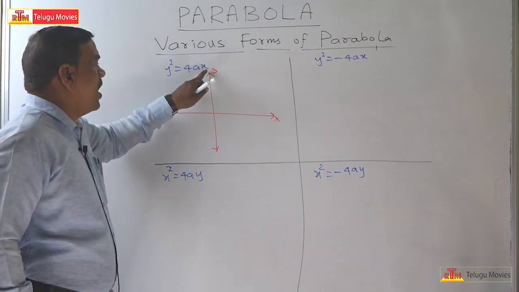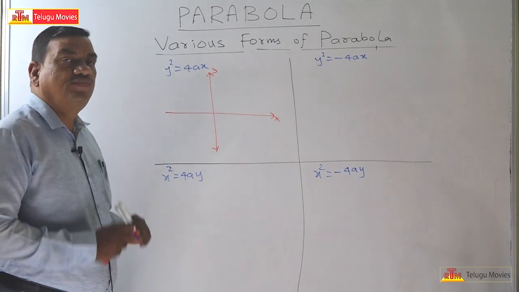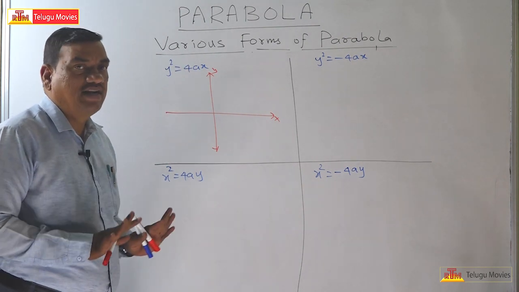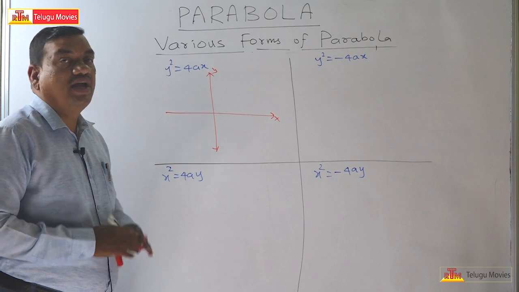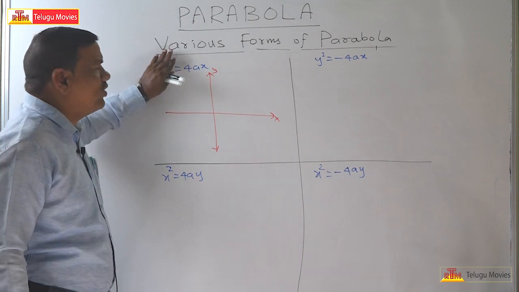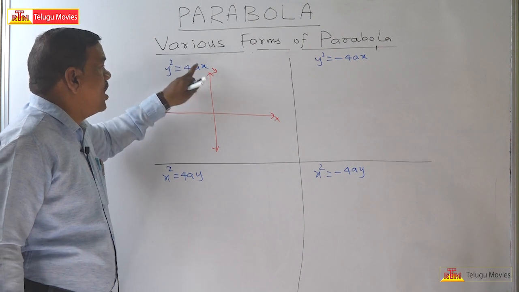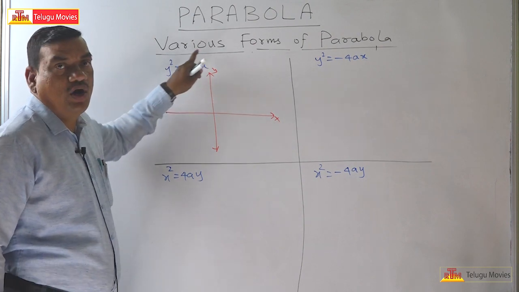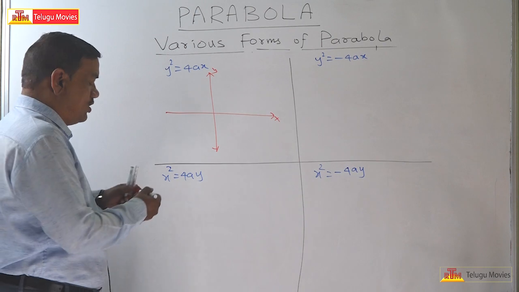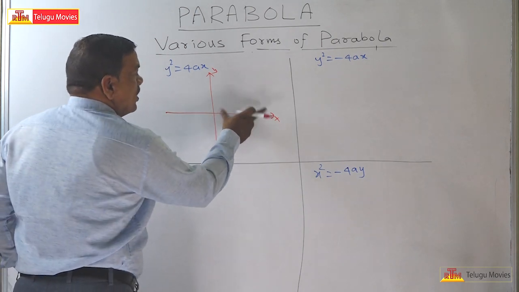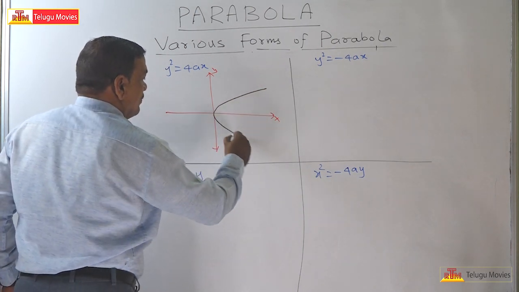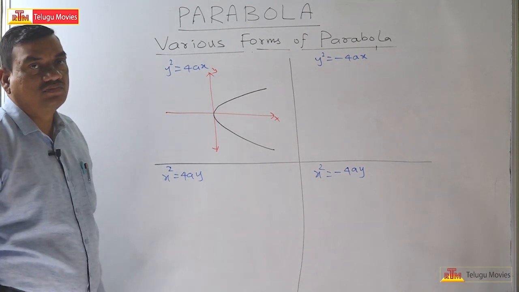Simply, what is the x coefficient? 4a. Plus 4a or minus 4a? Plus 4a. Plus 4a means forget about this y². This is the positive x-axis. Where is the positive x-axis? This is the positive x-axis. Therefore, your parabola will be like this.